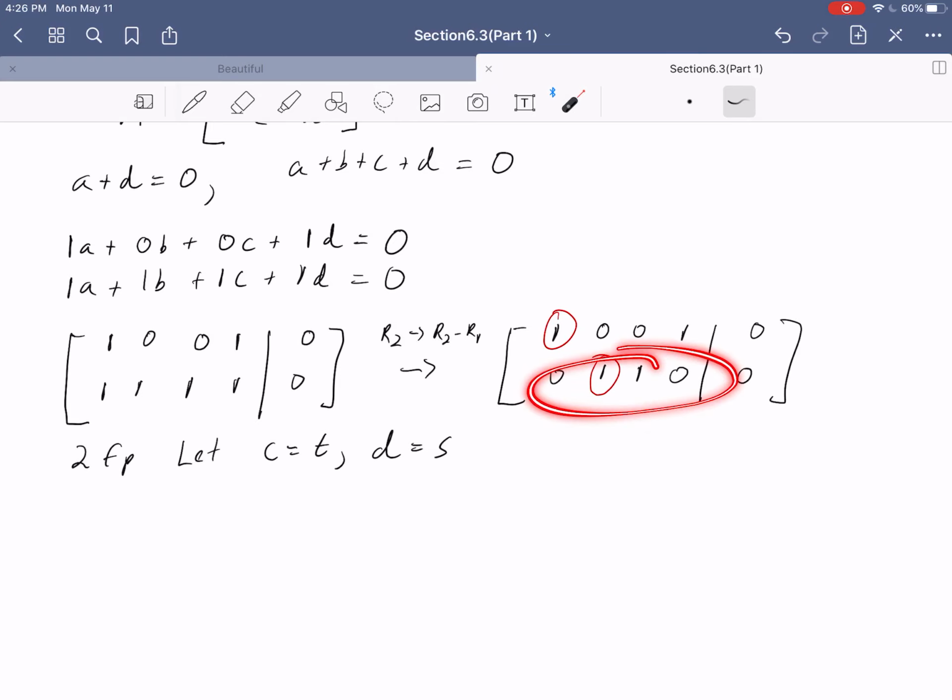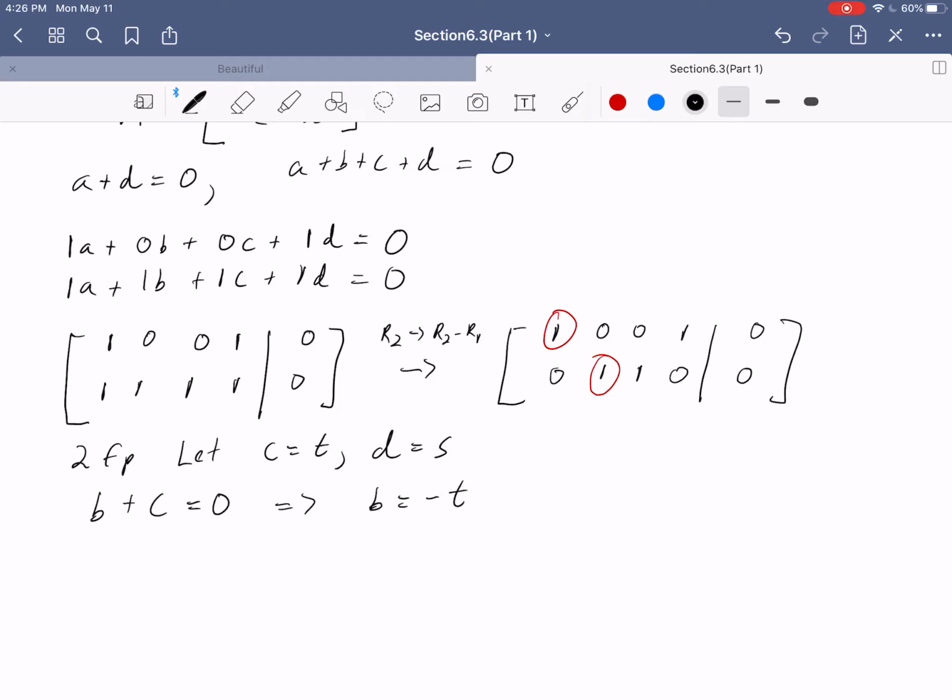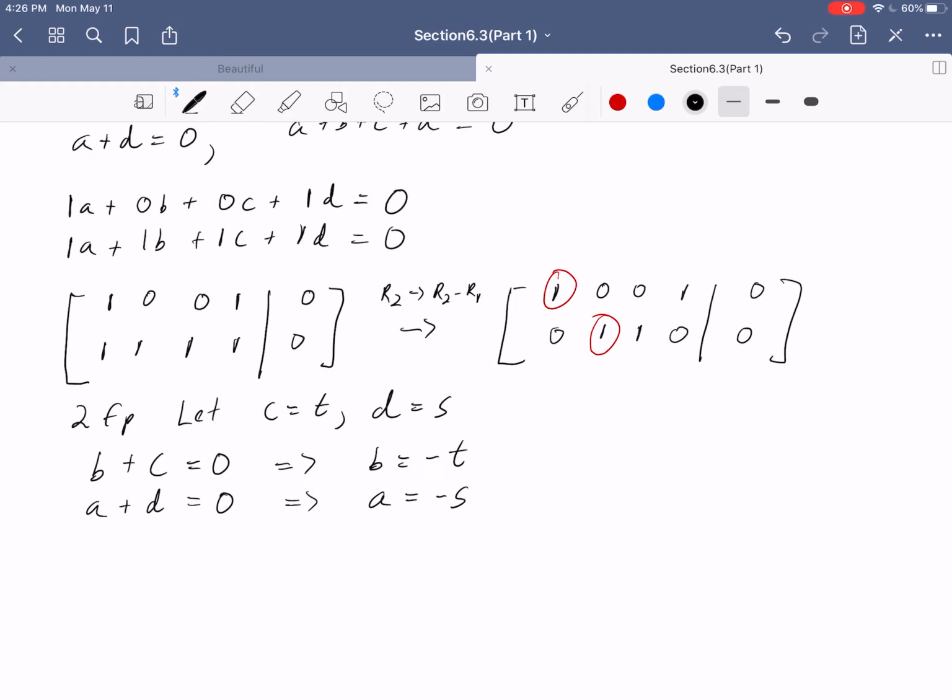Then this equation here would tell us that B plus C equals 0, which implies that B equals negative T. And the top equation here would tell us that A plus D is equal to 0, which implies that A is equal to negative S.